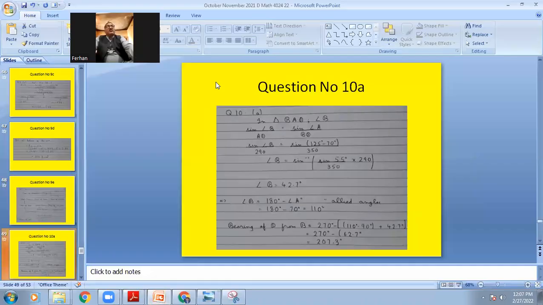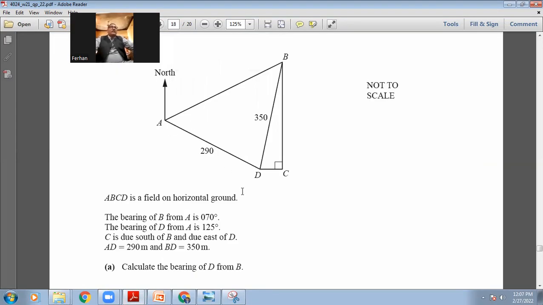So the bearing of D from B. So here, draw a north line. I want to know this angle from that north clockwise to this.